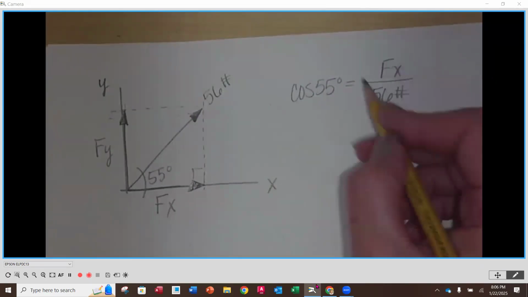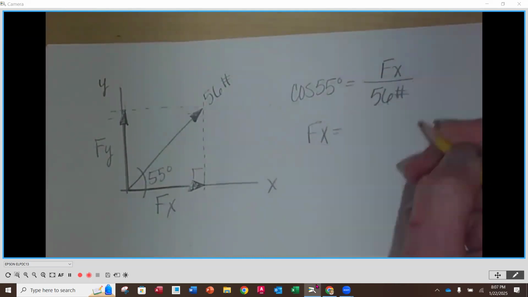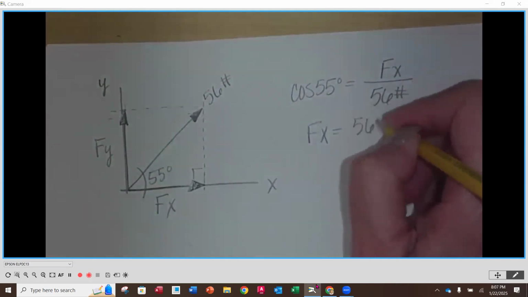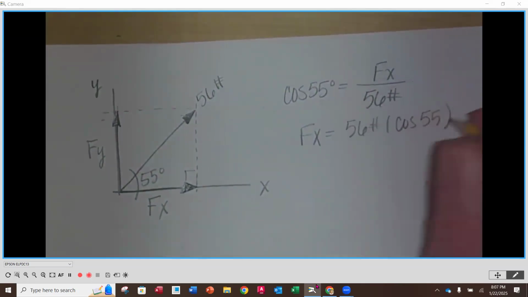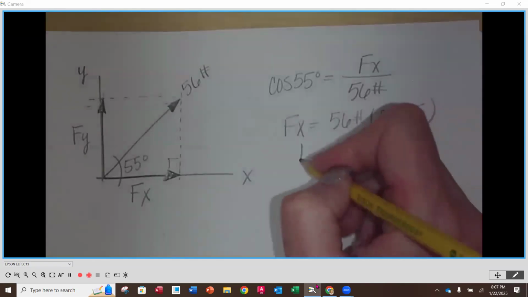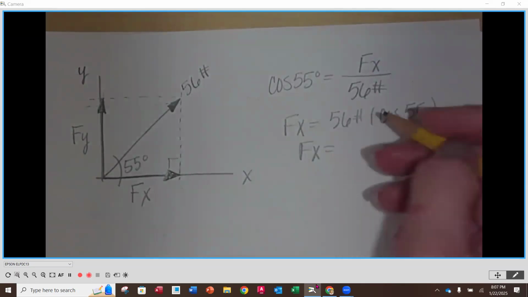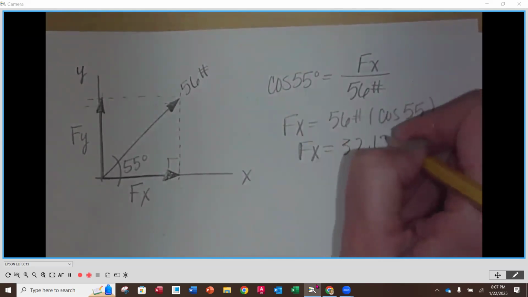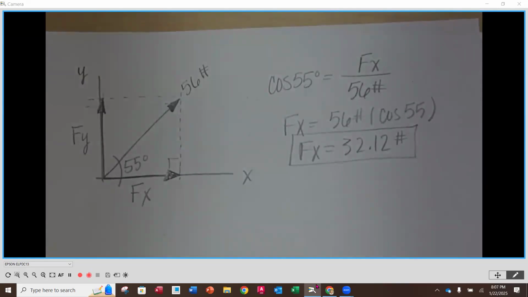And now our unknown here is going to be Fx, so we're going to multiply up. So my Fx, which I'm going to put on the left-hand side here, is going to be 56 pounds times the decimal equivalent of cosine of 55 degrees, right? So what is our value for Fx? You get 32.12 pounds.